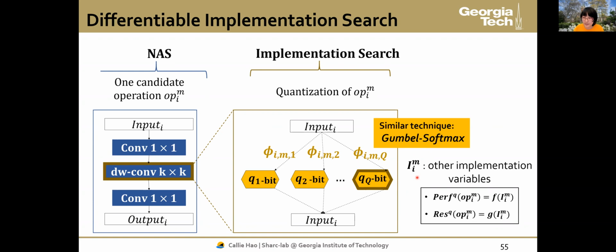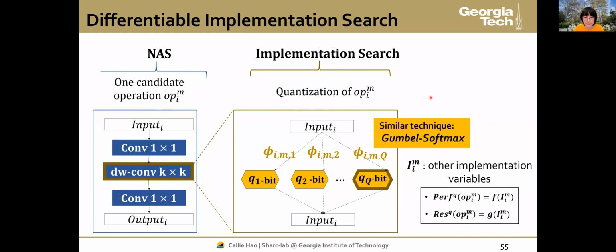We are skipping the details here, but for example, we can search the parallelism factor, and it's very effective.